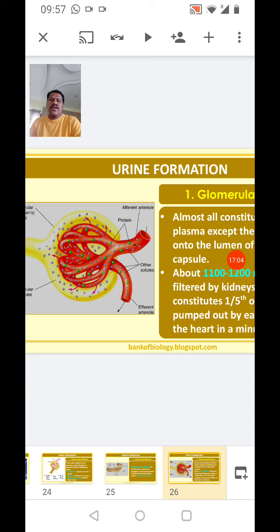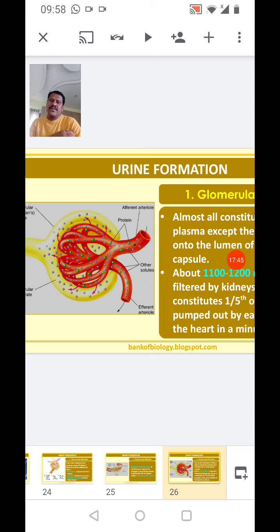Here I would like to tell one more thing. Primary urine or glomerular filtrate contains essential substances and non-essential substances. Based on their need to our body, the substances present in the primary urine are divided into three types. Number one is high threshold substances.